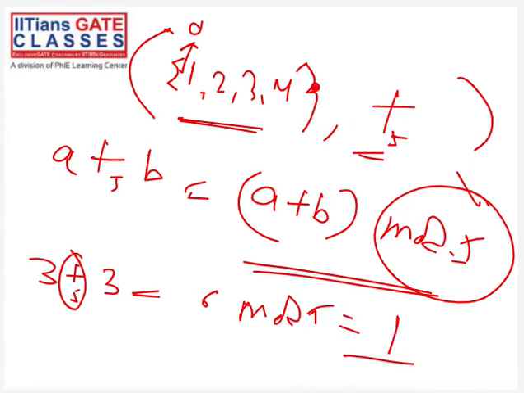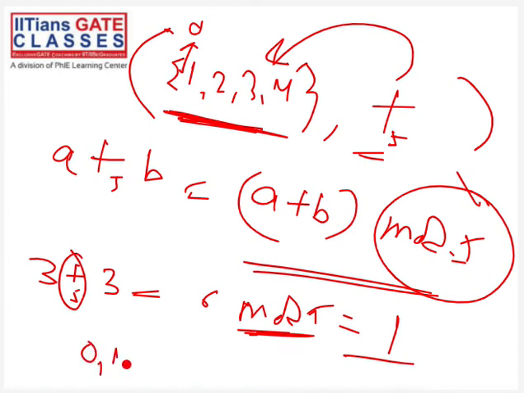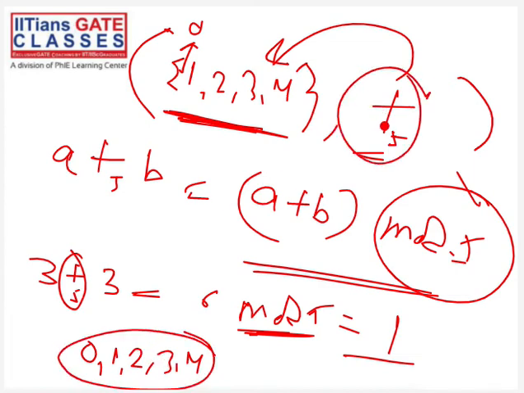Now the closure property is satisfied, because you can take any two elements and the result will also belong to this set, since mod 5 gives only the remainders 0 1 2 3 4. This is a new operation we have defined: first apply plus, then take mod.